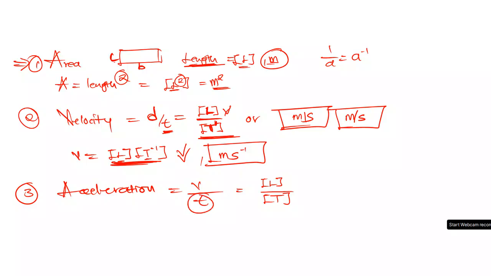Now we are dividing by time. The dimension for time is T. So how can we find the dimension for acceleration?